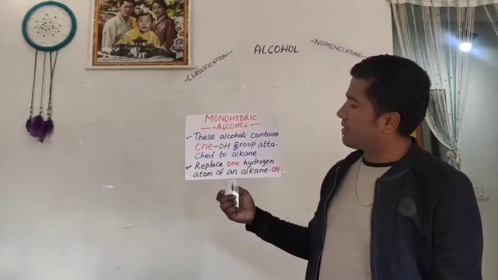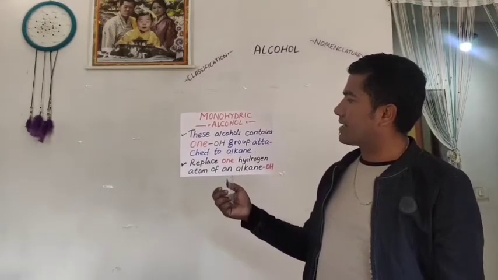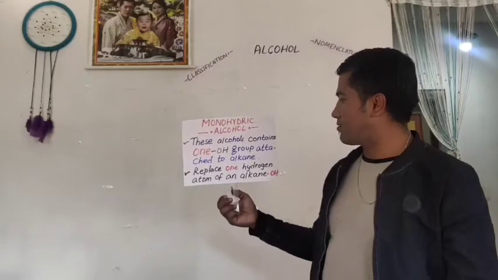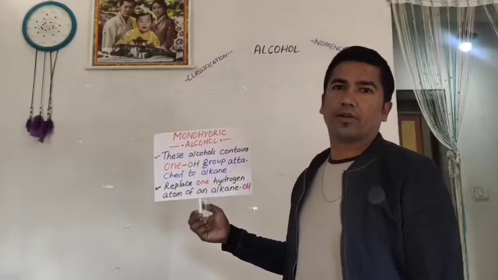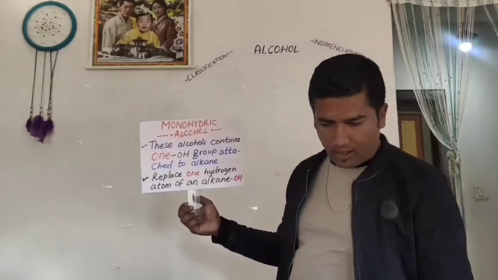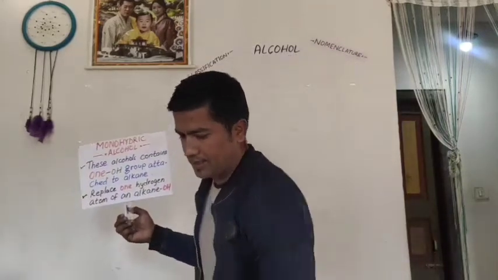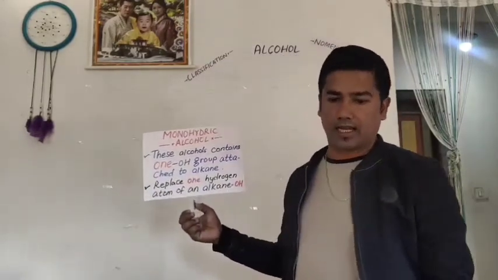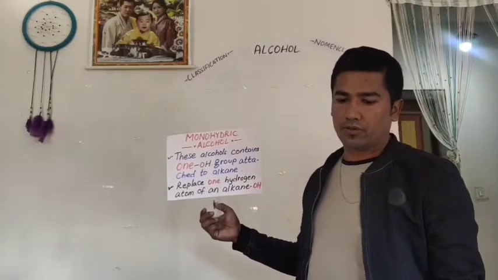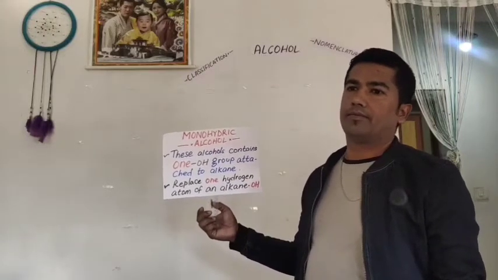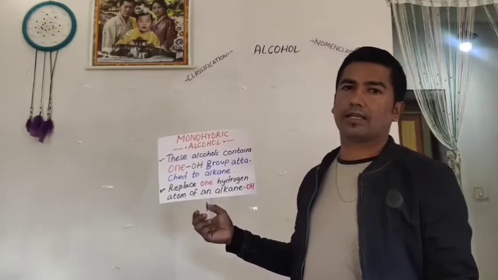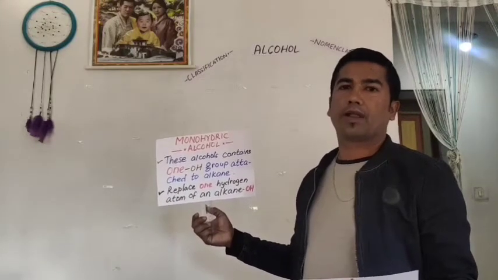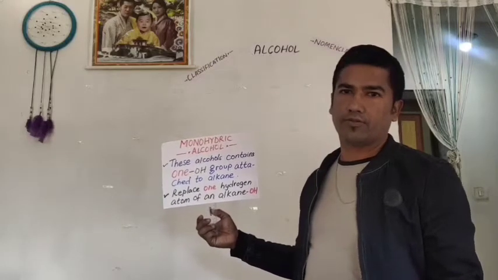The characteristic is that we replace one hydrogen atom of an alkane by an OH group. You know that the general formula of an alkane is CnH2n+2. So when you convert this alkane into alcohol, it becomes CnH2n+1 with an OH group.